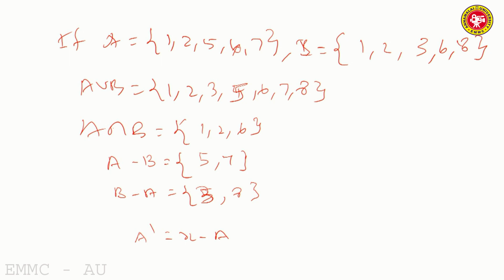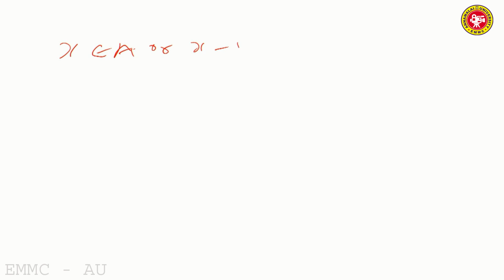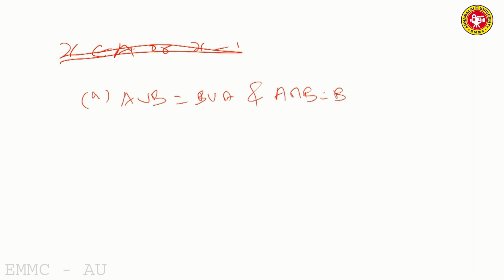Then we have some basic properties regarding union, intersection and complementation. Suppose we have the property A union B is equal to B union A and A intersection B is equal to B intersection A. This is called the commutativity property.